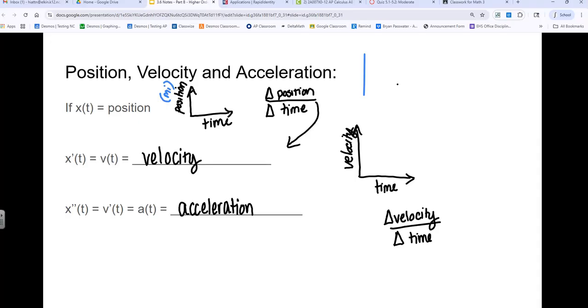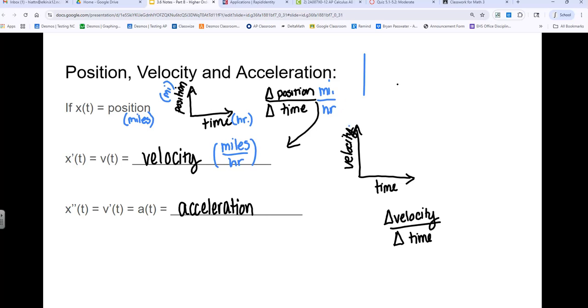And then what is your favorite way to measure time, particularly if your distance is in miles? I'd go hours. So if you have position and you're measuring that in miles, what would your units for velocity be? It'd be miles divided by hours, so it would be miles per hour.